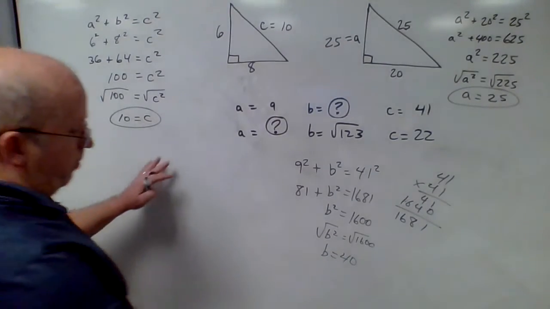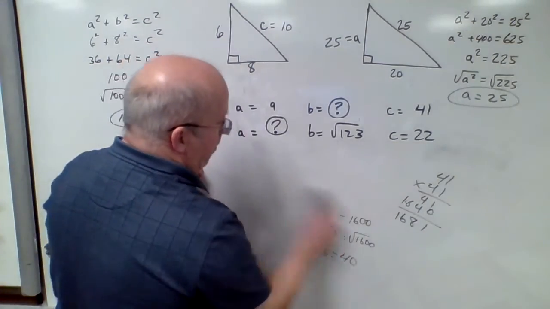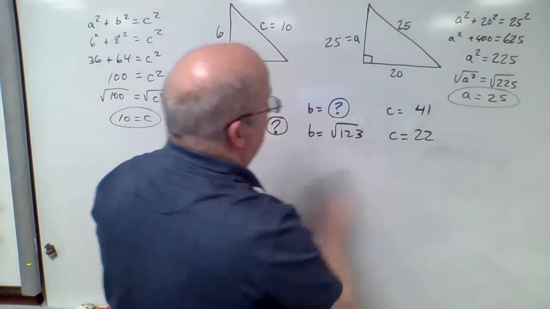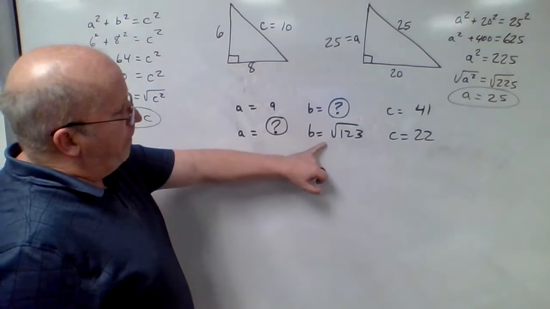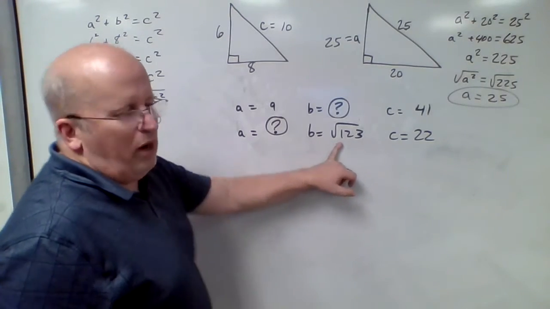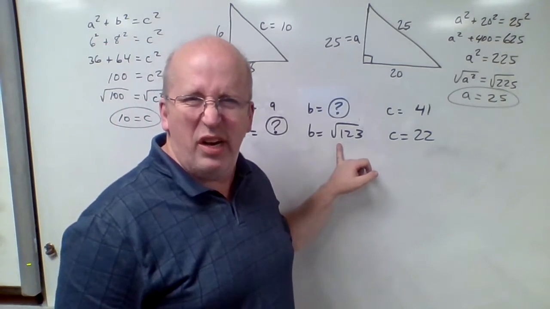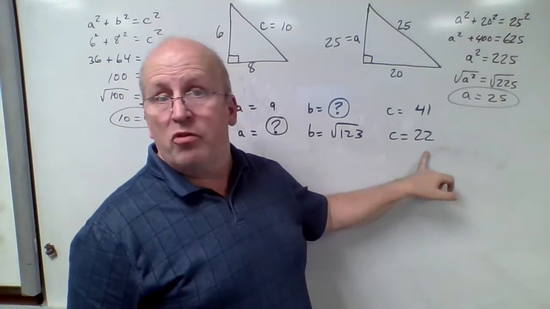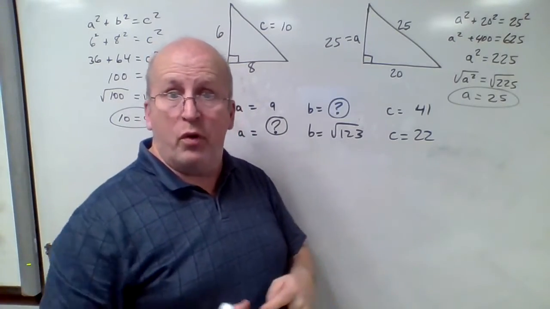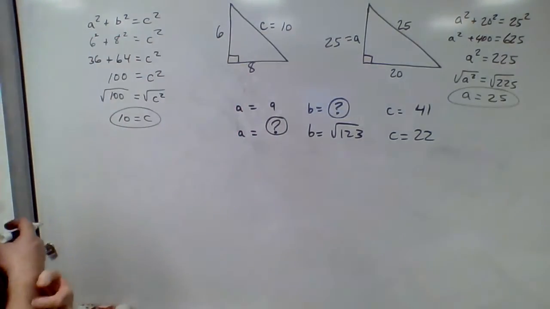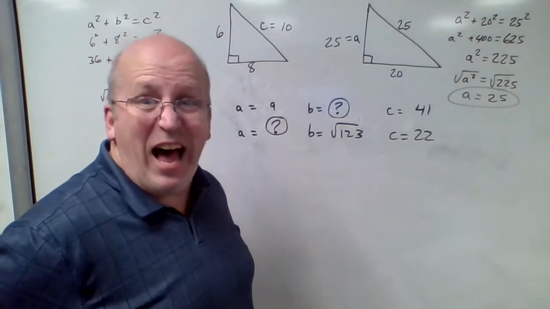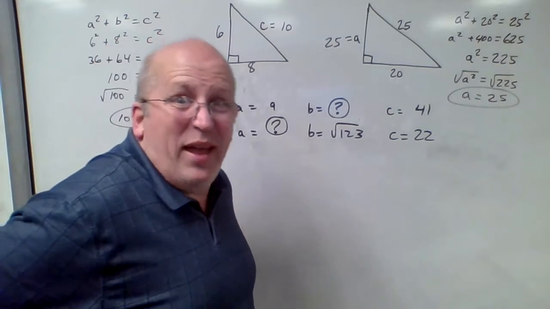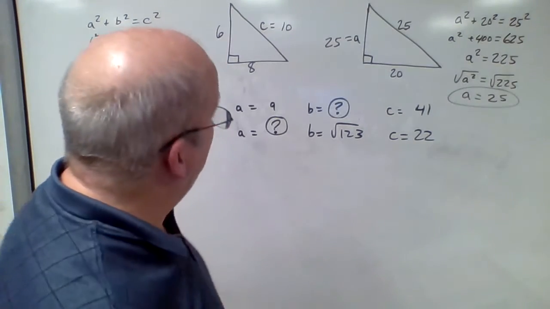Now take a look at the next problem. It might just throw you for a little bit of a loop, because the a value is unknown and the b value is the square root of 123 and the c value is 22. This is something new for us. What do we do with problems where the length of a side is given with a radical sign, square root of 123?